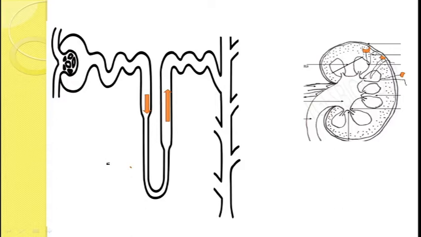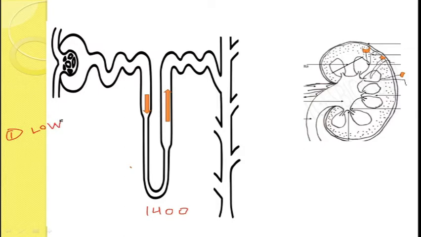Because of this, the solutes are not washed away and remain in the medullary interstitium, preserving a high interstitial osmolarity of around 1400 milliosmoles. So, the first point to remember is the low blood flow in the renal medulla.